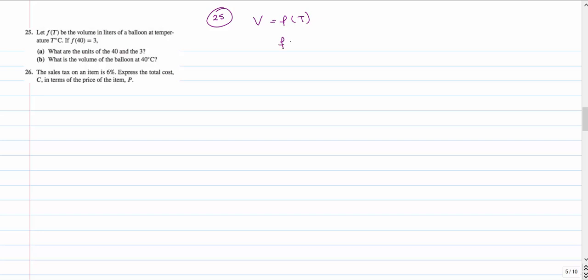So f of 40 is 3. You could have written it as it says, let f of t be the volume v. The symbol for t is Celsius, and volume is in liters, given in the problem.